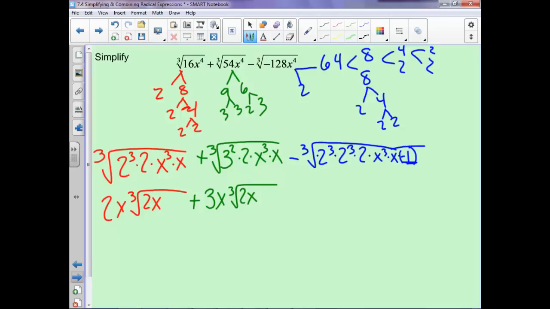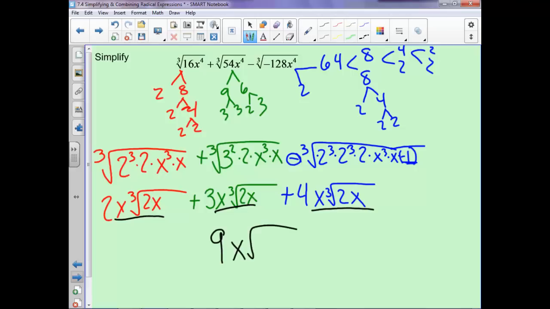Now when we have the cube root of negative 1, it's a negative, so that'll cancel with this negative. And then we'll have 4x cube root of 2x. Now notice they all have this x cube root of 2x. So since those are all the same, they are like terms. So we'll have 2 plus 3 plus 4 is 9x cube root of 2x.